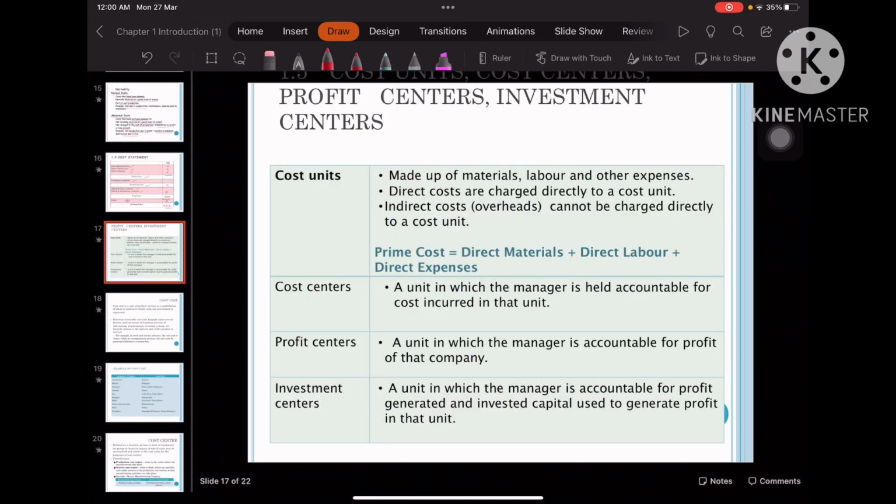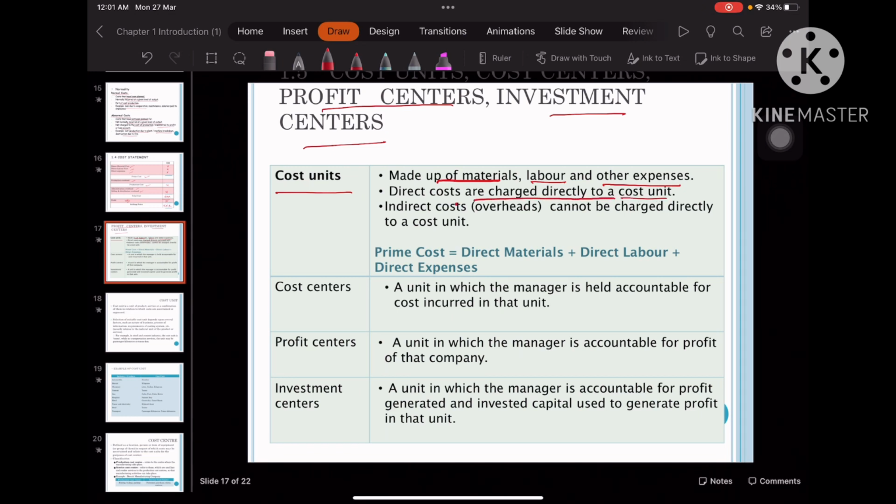Alright, now we move on to the profit center and investment center. Before that, we have to know what a cost unit is. So what is a cost unit? It is made of material, labor, and other expenses. Direct costs are charged directly to a cost unit.